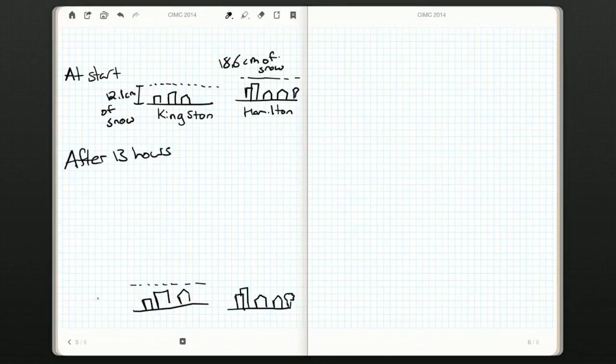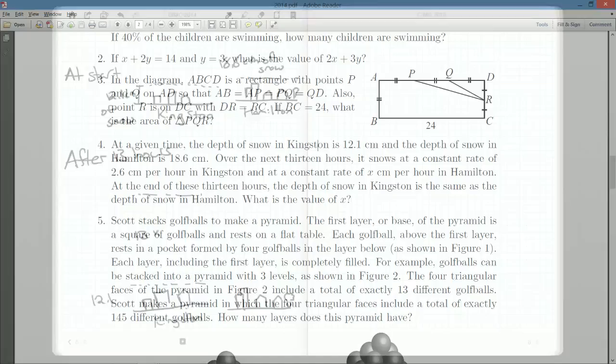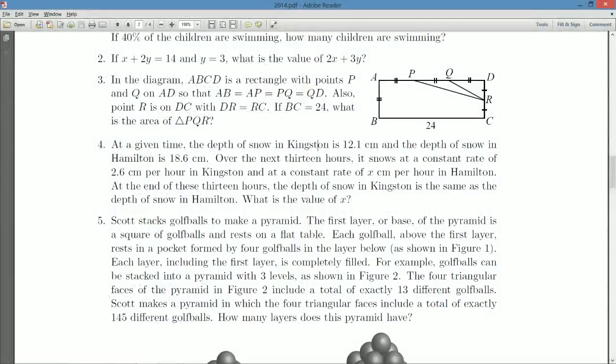So Kingston already had 12.1, but then we added to it 13 hours of, what was the snowfall? 2.6.